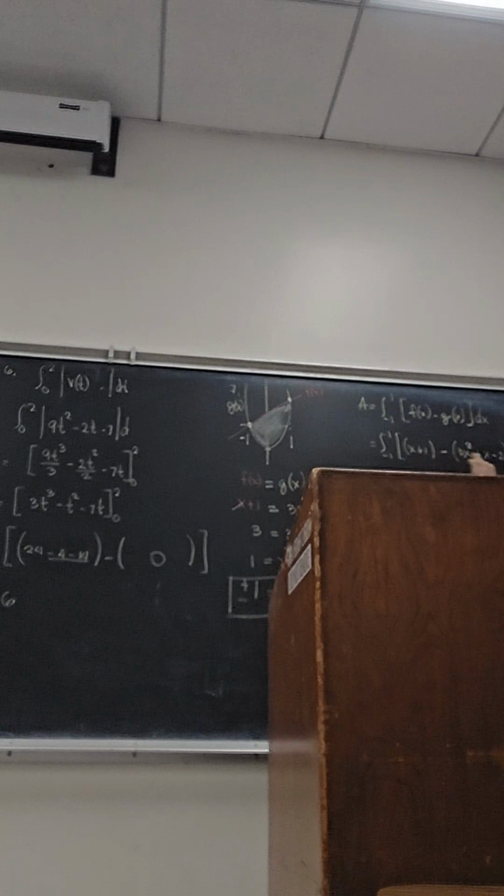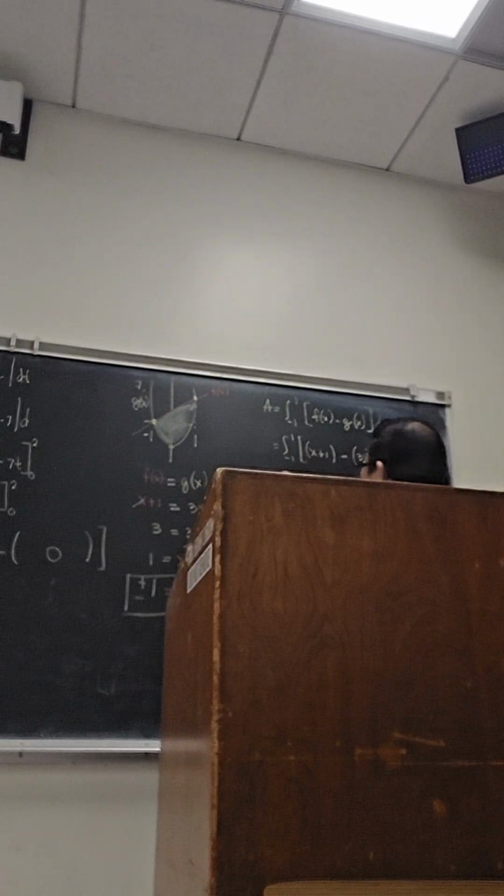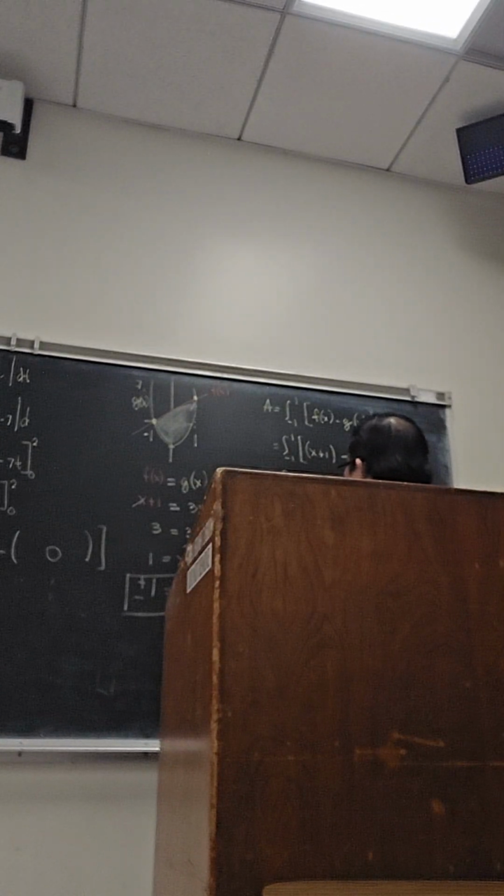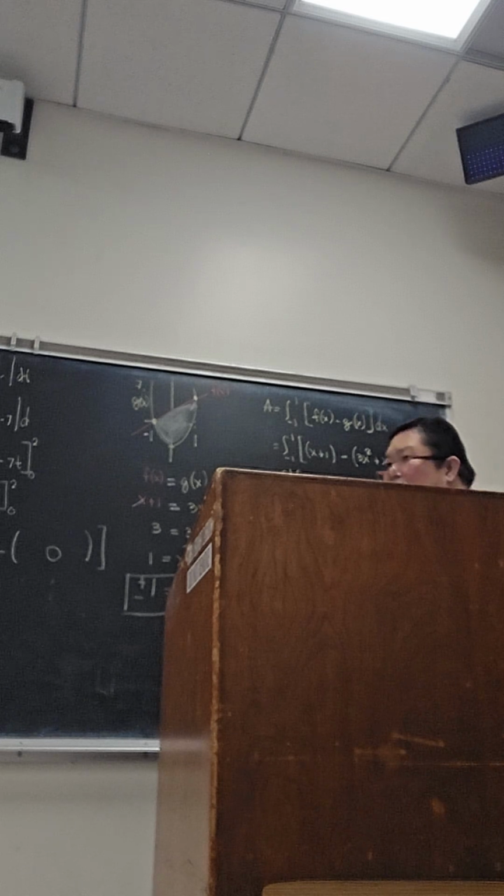So distribute. The common error of students is they forget to distribute the sign. That's the error. Okay? So we have the integral from negative 1 to 1, and this is now x plus 1 minus 3x squared minus x plus 2. And then combining like terms before you do antiderivative.